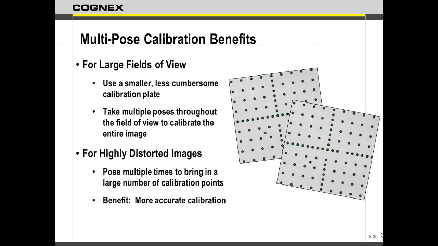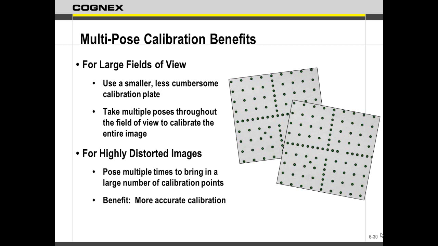Now, there might be a reason that you want to use multi-pose. Remember, I just said I was using one pose, just taking one image of it. But there might be a reason I want multiple images of it. It might be that I have a very large field of view. So maybe I'm doing a car door, and those calibration plates get pretty expensive. So even with a paper size one, I might have to put it around the field of view.